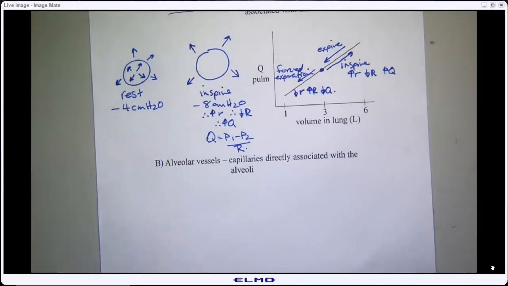Okay, so now let's think about those alveolar vessels. These are the capillaries and the blood vessels that are coming very close to each one of those alveoli and wrapping around them. Their world is dealing with a pressure that's changing based on the alveolus. That alveolus itself is increasing and decreasing, stretching and back, and it's tucked right beside it.